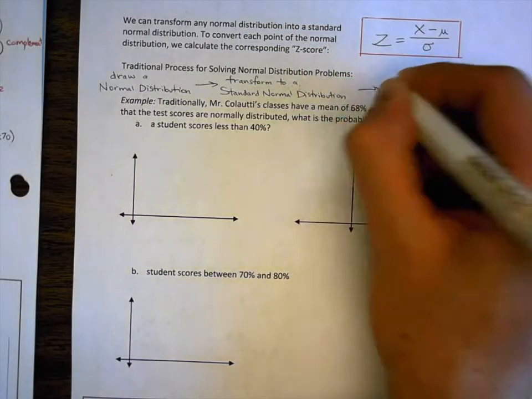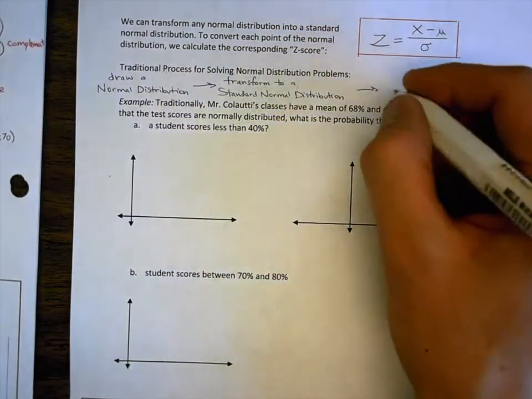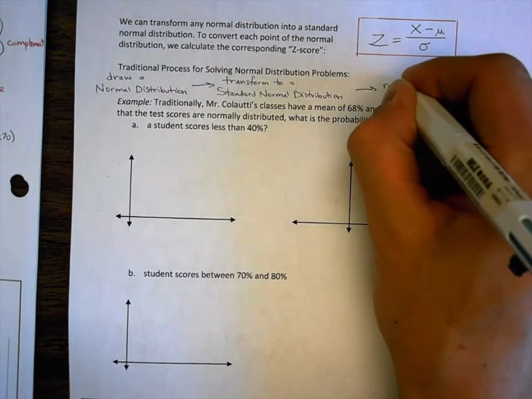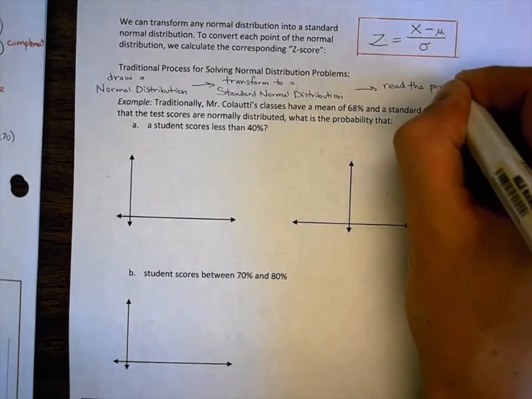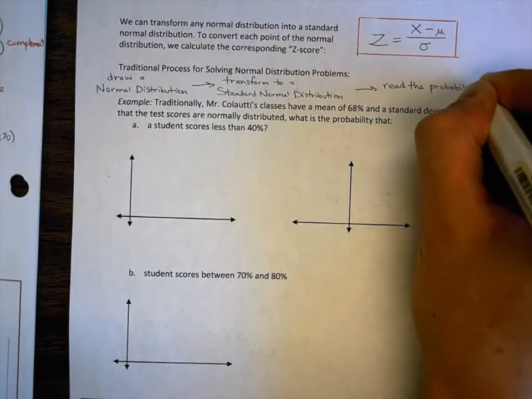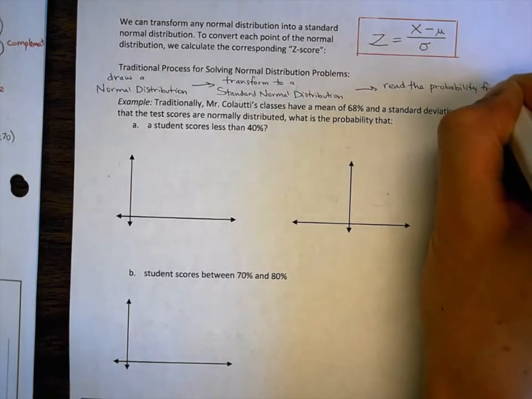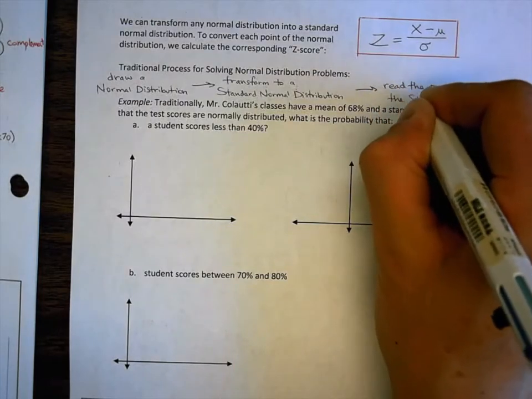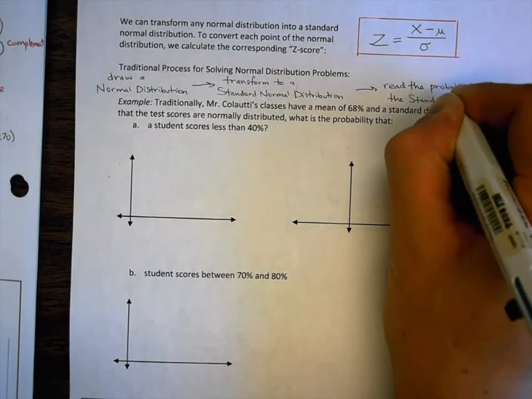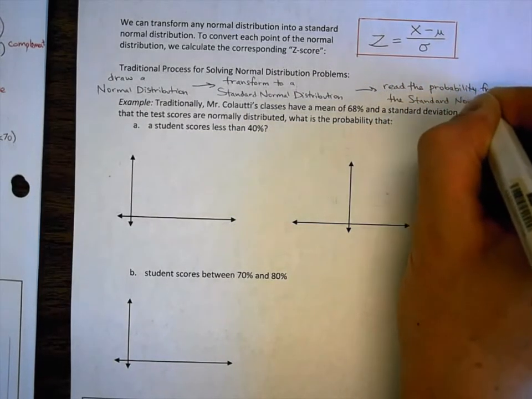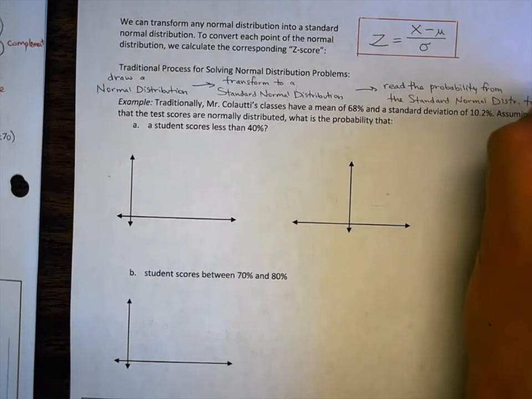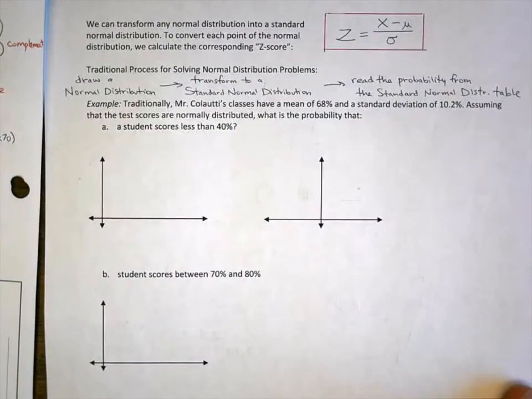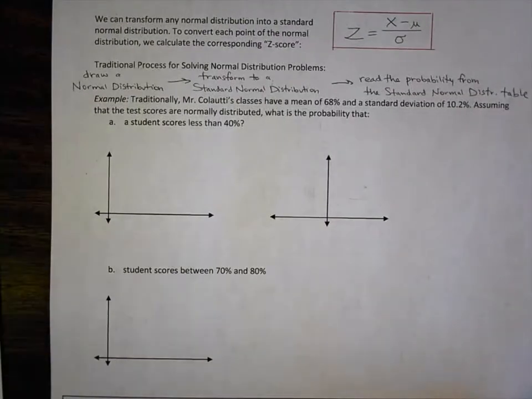And then once I'm in a standard normal distribution, I can read the probability from the standard normal distribution table. Okay, so that's how I would normally do a question.